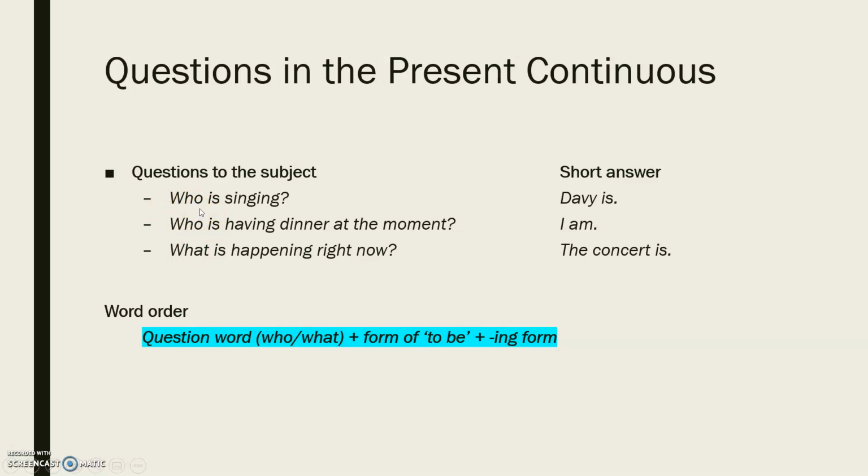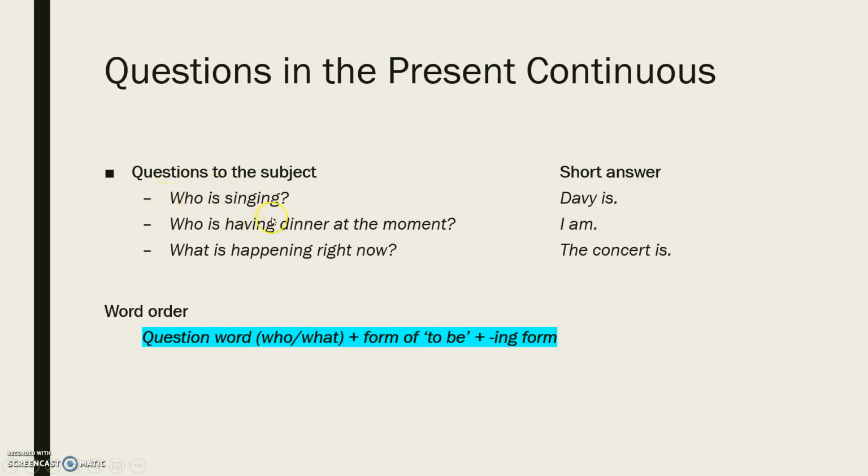So it's actually quite simple. If you have a question to the subject using the present continuous, then you start with the question word, which is always who or what, which refers to the subject. Then the correct form of to be, and then the ing form. Who, question word, is, correct form of to be, singing, ing form.